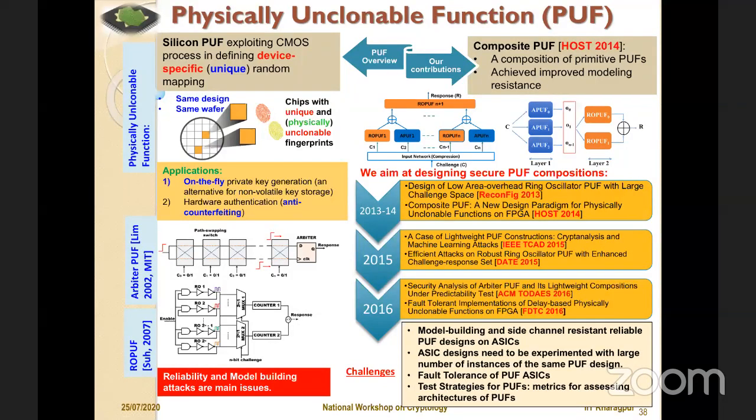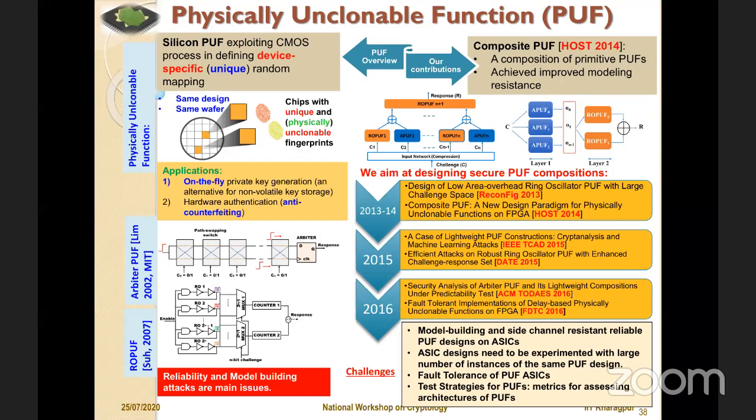Along with it, you also want to make the PUF resistant against what are called model building attacks. So what are model building attacks? As the name suggests, it's a physically unclonable function, so you should not be able to predict the response for a challenge which you have not seen.